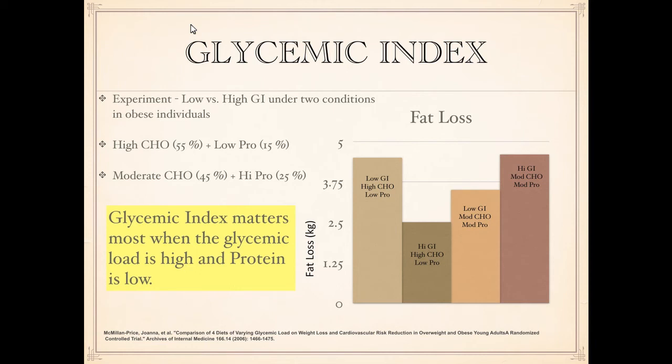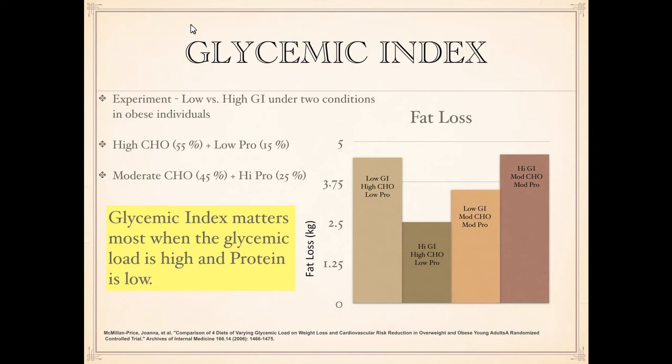The low glycemic index, high carbohydrate, low protein group lost as much fat as the high glycemic index, moderate carb, moderate protein group. However, the least amount of fat was lost in the high glycemic, high carbohydrate, low protein group. And then finally, the low glycemic index, moderate carb, moderate protein group.